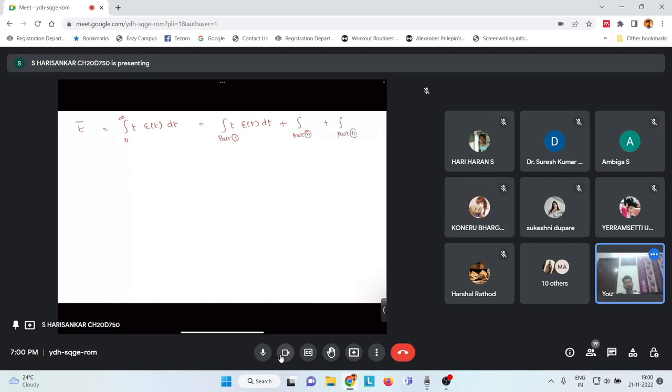Now one more thing we need to note here is that the integral of E of T dt is basically the area under the curve.